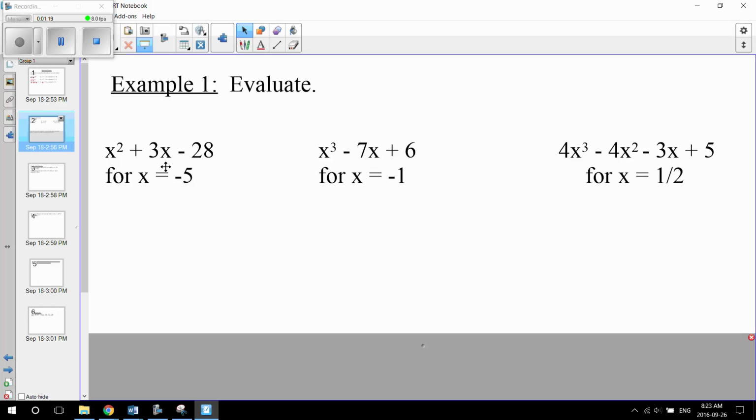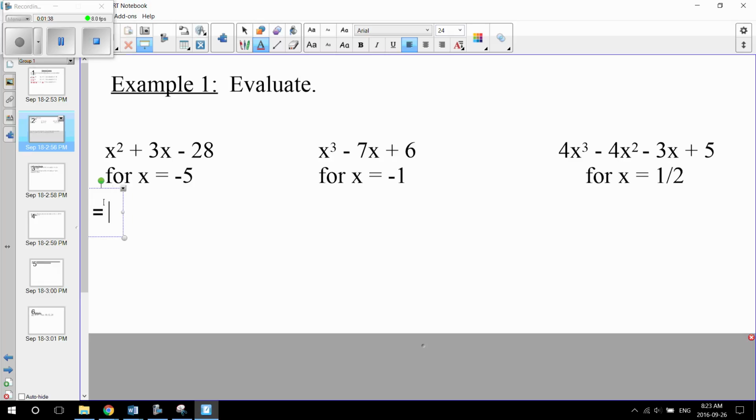So in this example here, we're looking at the exact same 3 polynomials, and we're asked to evaluate at these different values. What we're going to do is plug those values into the equations.